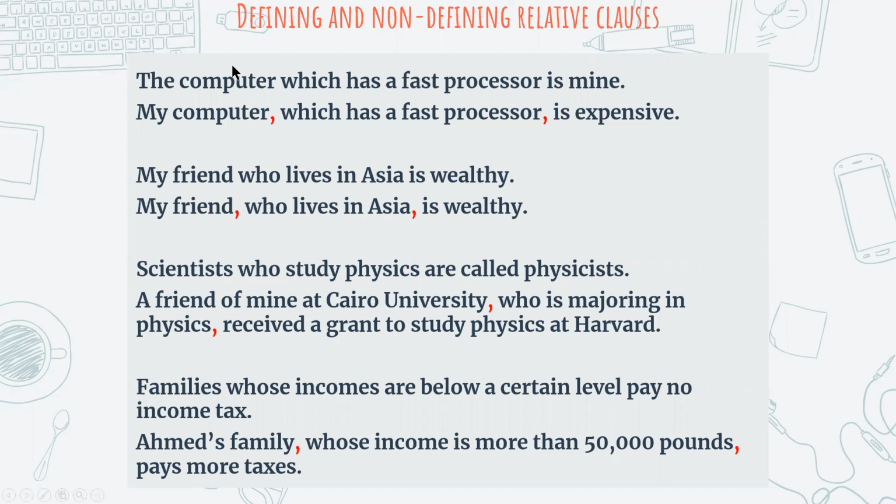I can't just cross out "which has a fast processor." I can't say the computer is mine and that's it. What computer? What are you talking about? But when I say the computer which has a fast processor is mine, then I'm defining the word the computer.